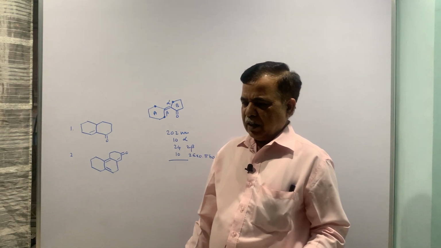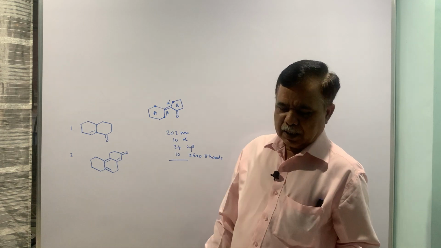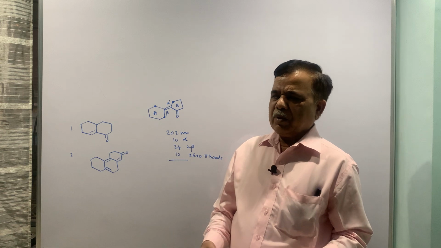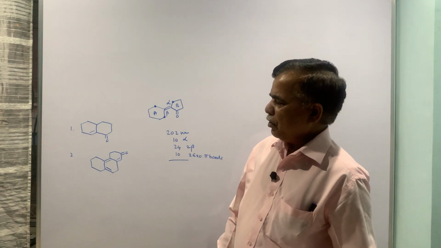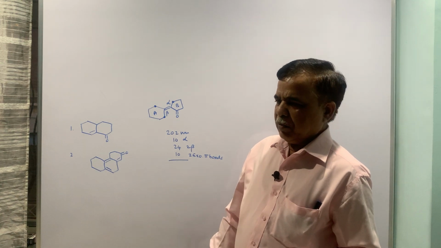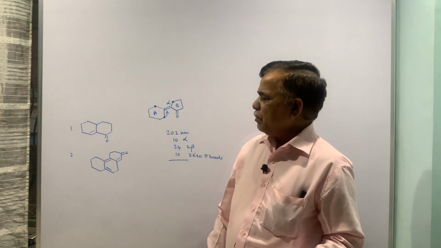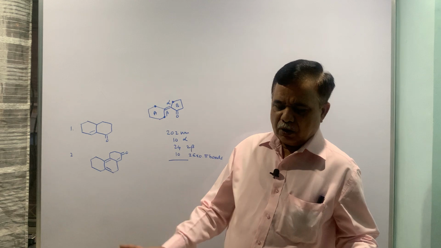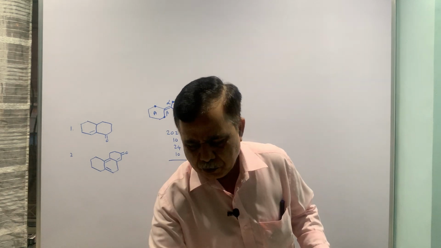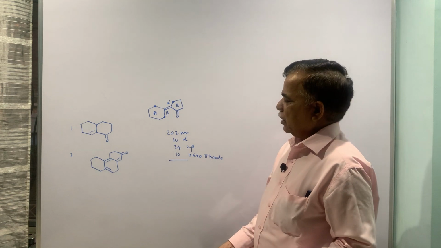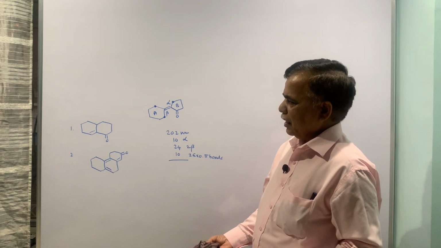And once we are done with this, then we have to move to the IR spectroscopy, the application part. Then UV-IR combined problems are there. After that proton NMR, and then simple proton NMR examples, and UV-IR-NMR combined problems. So a lot of problems are to be solved in this spectroscopy part, and that's why spectroscopy is like mathematics.